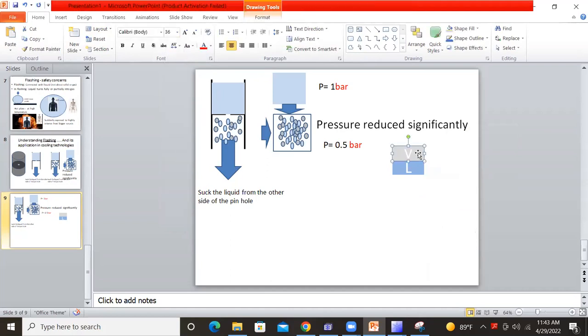So partially flash. So pressure is 0.5. So two phase.